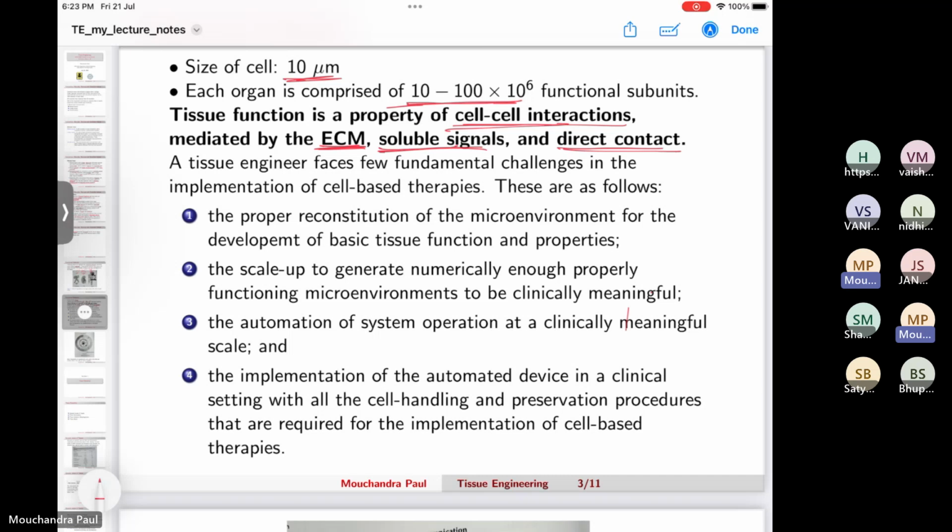We will talk about how each of these three ways of cell communication, through ECM, soluble signals, and direct contact, actually happens. We'll look into more detail in a subsequent section.